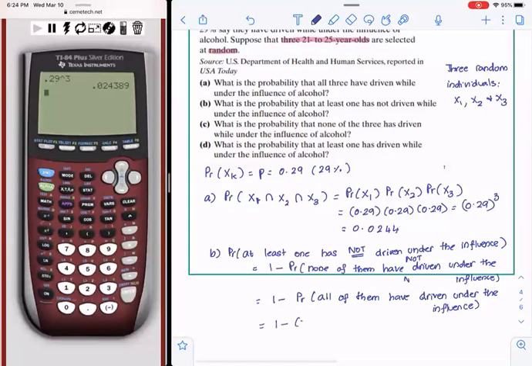So 1 minus 0.29 cubed, which gives 0.9756.